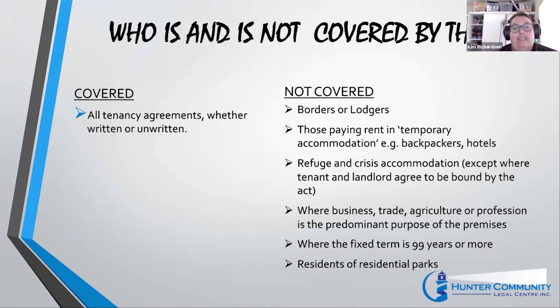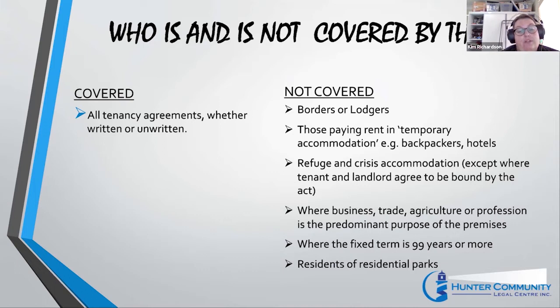Now, the Act does not cover people who own a home and rent a site in a land lease community. They are covered by different legislation, called the Residential Land Lease Communities Act.